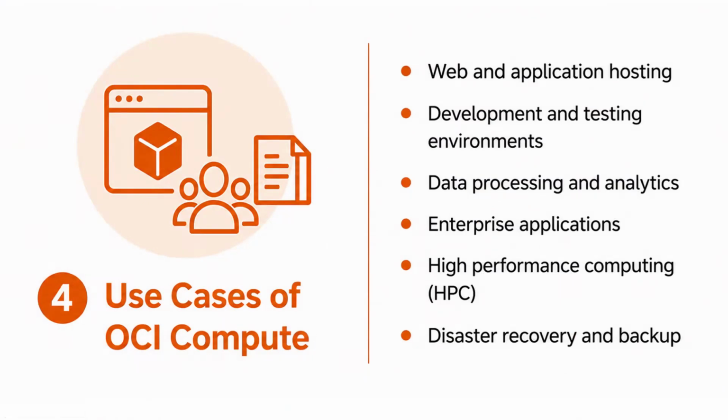For example, if you have an AI workload, you can rent OCI Compute servers and choose a shape like GPU-based or Dense I/O, which are big machines. Also, for disaster recovery and backups, you can have OCI Compute servers placed so that in case of any disaster, your system is backed up.